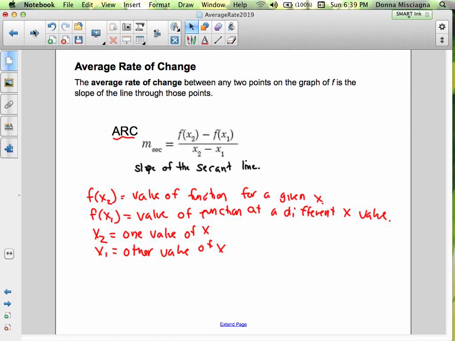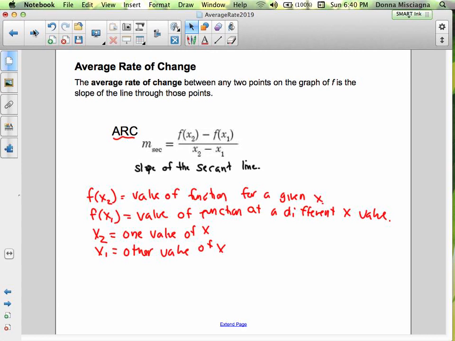All right, so average rate of change. The average rate of change between any 2 points on the graph of f is the slope of the line through these points. The m secant just stands for slope of the secant line.